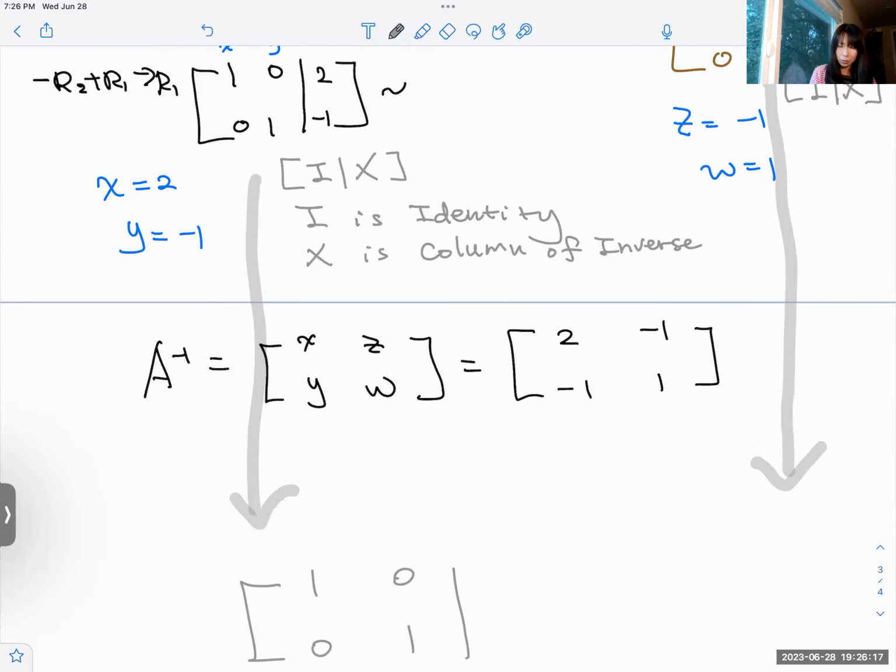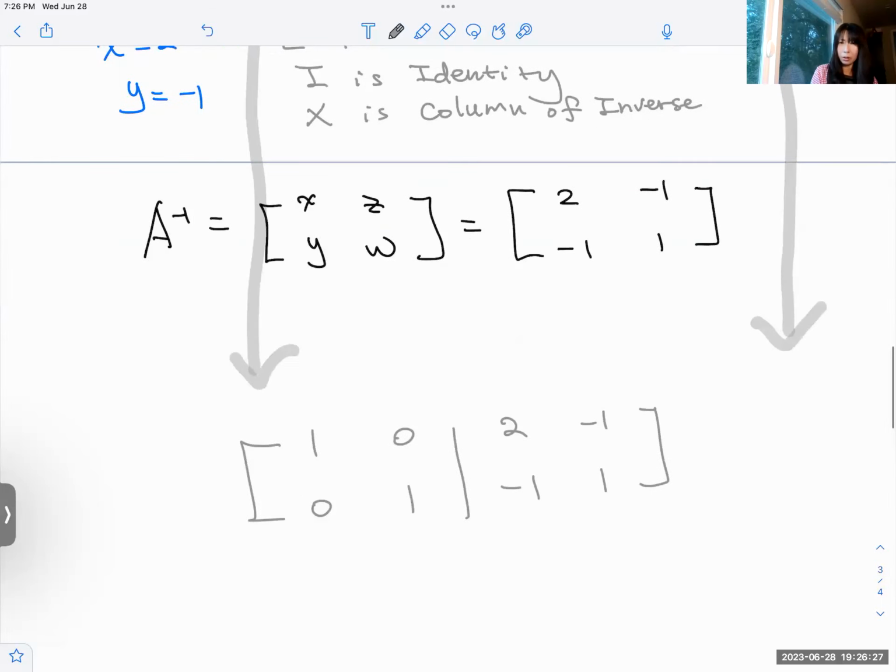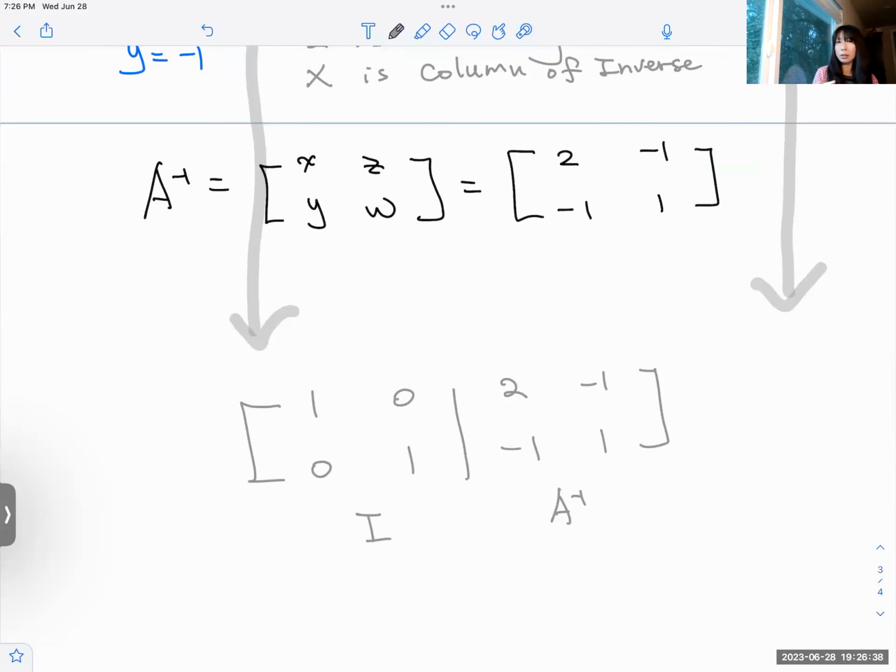We have X, Y, Z, W, which is 2, -1, -1, 1, right? Okay, so in that case, we can read the inverse of the A matrix, right? All right, now we can have the definition of this. Let me write it down.